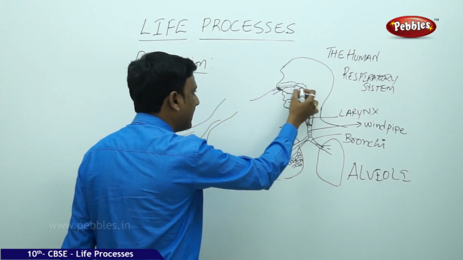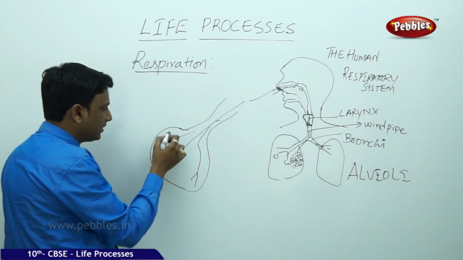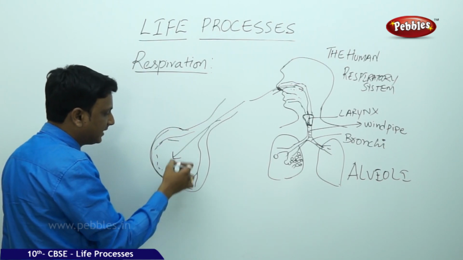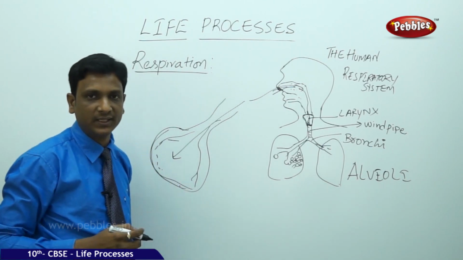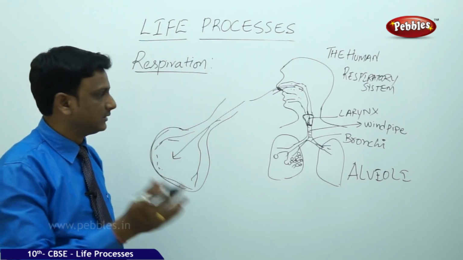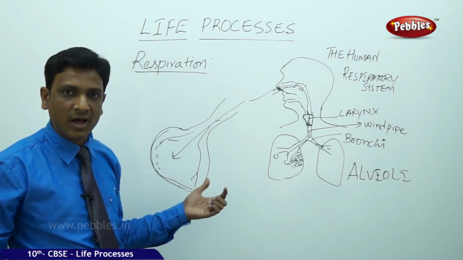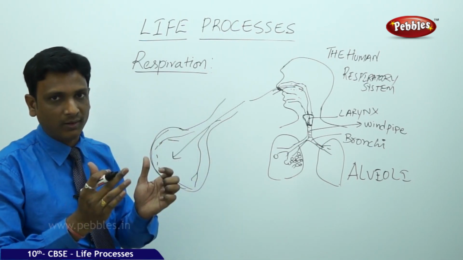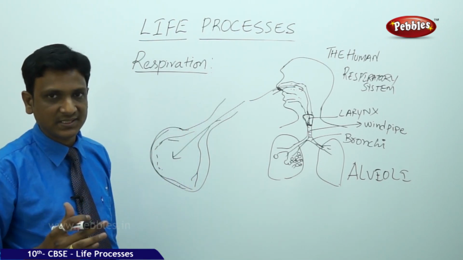When we inhale the air which contains oxygen, when the air enters into this alveoli, the diffusion of gases takes place between the blood and alveoli. The alveoli are like small bubbles folded because a large amount of area is kept in a small place. So more surface in less space.